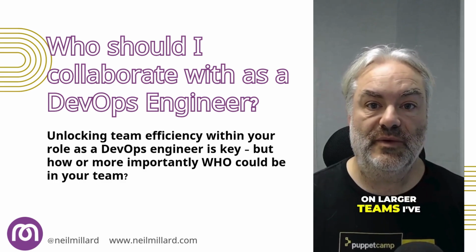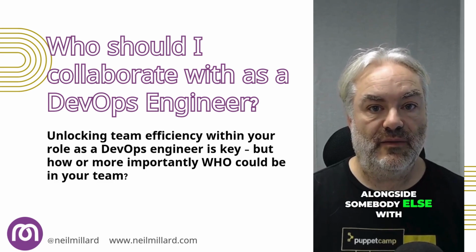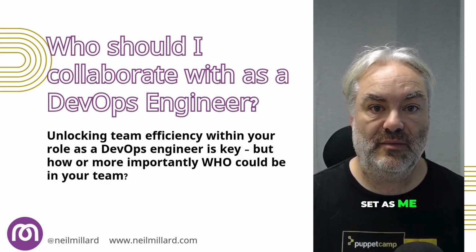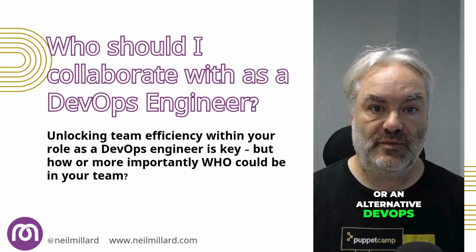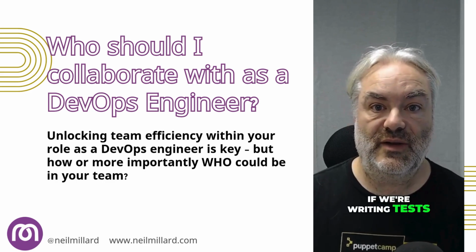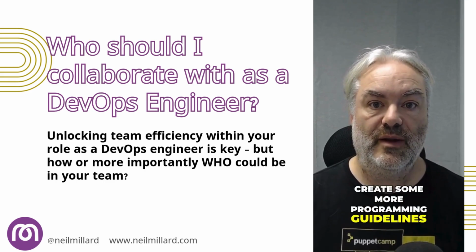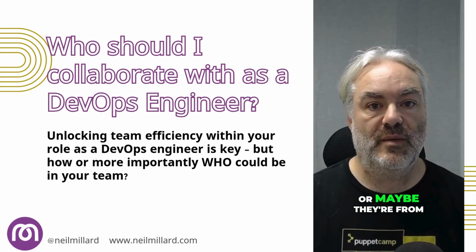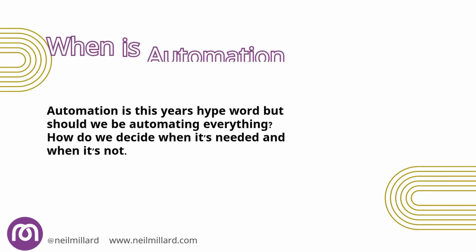On larger teams I've been on, I often pair. This means I work alongside somebody else with either the same skill set as me, DevOps pairing, or an alternative DevOps type of skill set. Maybe they're a tester if we're writing tests. Maybe they're a programmer if we're helping to create some more programming guidelines. Or maybe they're from the logging team if I'm setting up some more alerts.